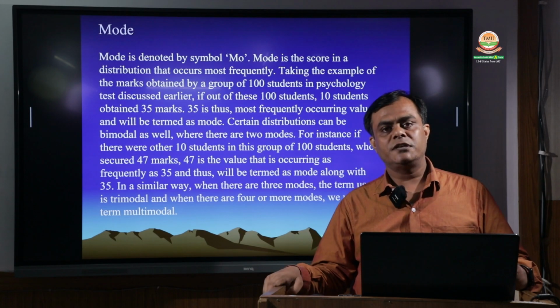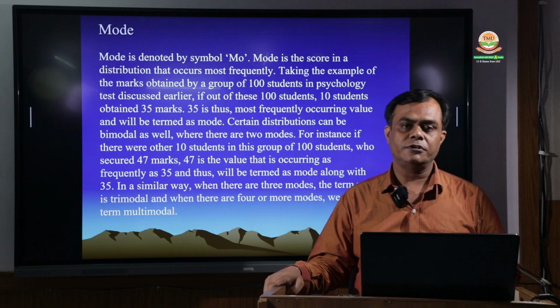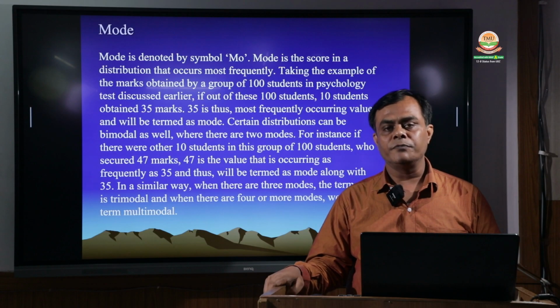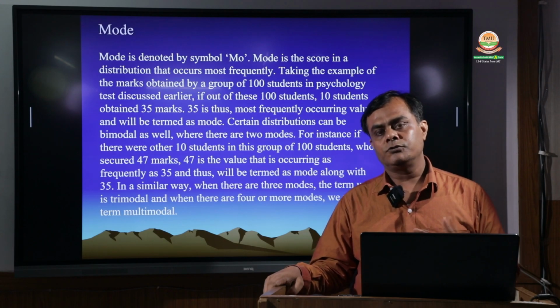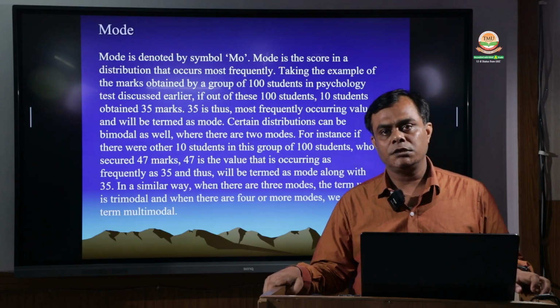So again I am summarizing the measures of central tendency. There are three types of measures of central tendency that we are going through in this lecture. One is the mean, which is also called the arithmetic mean and also known as the average. Second is the median, and the third is the mode.